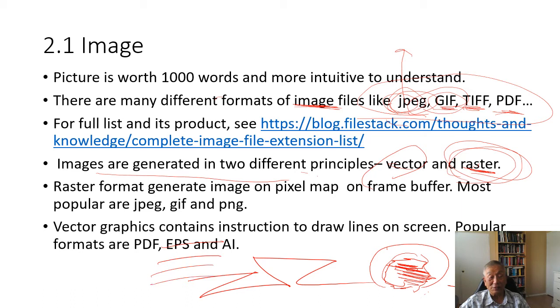That's what it means. And why bother with it? Well, I'll talk about that. Raster images are generated on a pixel map, on a frame buffer, whatever that means. The most popular one is PNG. In case you have used it, PNG doesn't have any background. It has only the image part, and the other part looks a little bit wiggly.